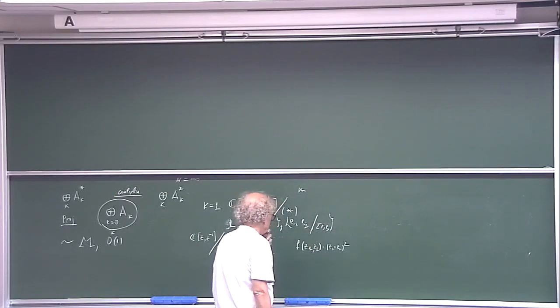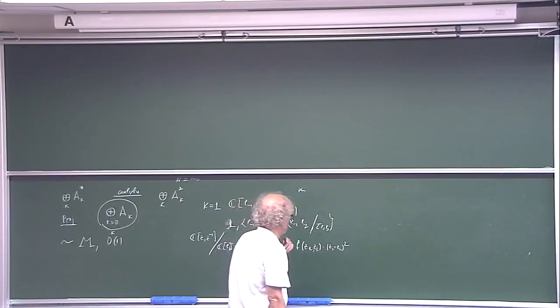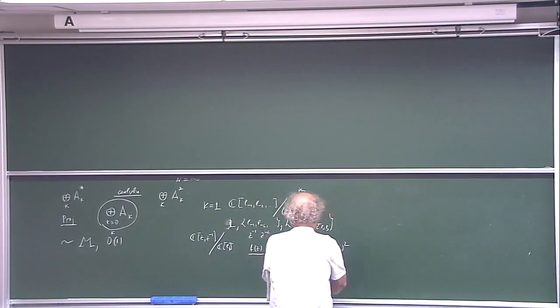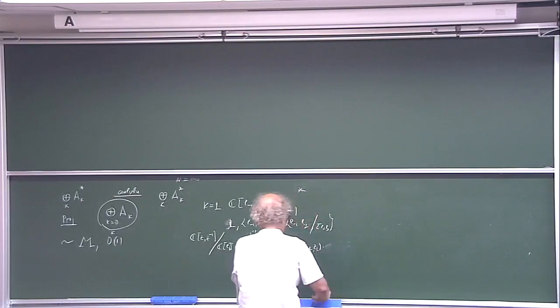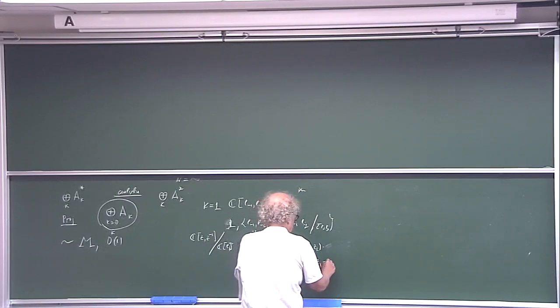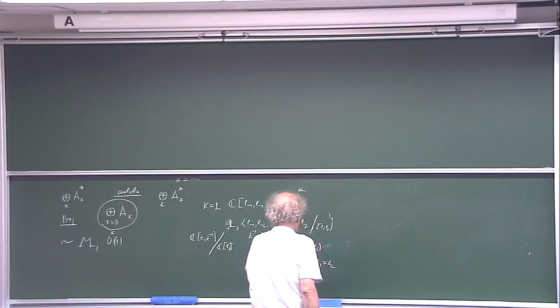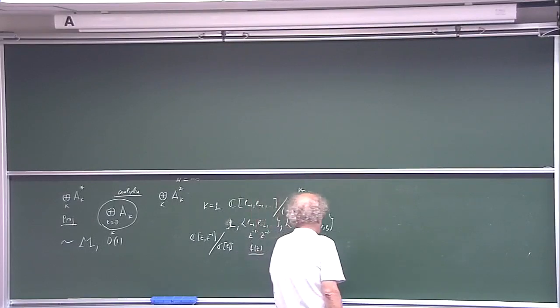So let me erase this, and this is the condition that it is 0 if Z1 equals Z2.